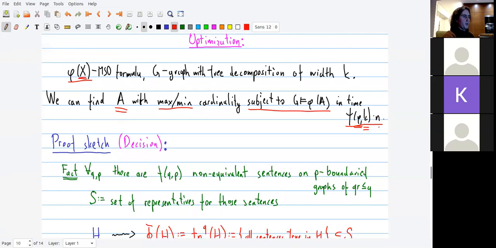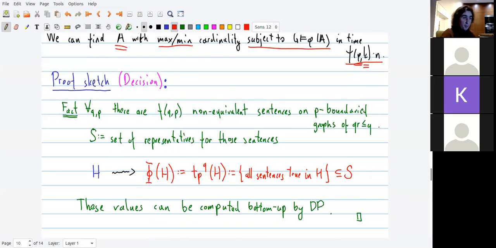So maybe this one I will skip, the proof sketch. The proof is actually really simple once we understand the right machinery. Maybe those of you who attend the course on finite model theory can already understand. Essentially, you are doing dynamic programming again, bottom up through the decomposition, and the values that you are computing are MSO2 types of the boundaried graph that you are looking at, of sufficiently large quantifier rank.